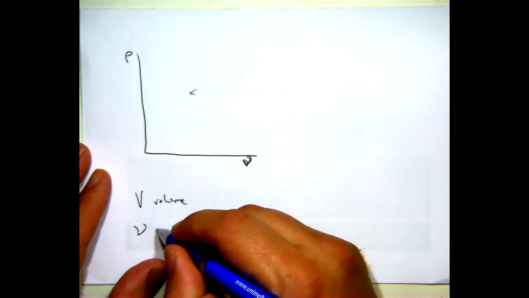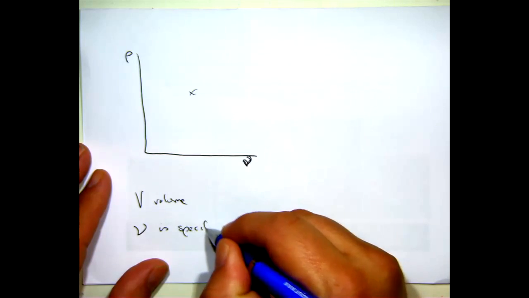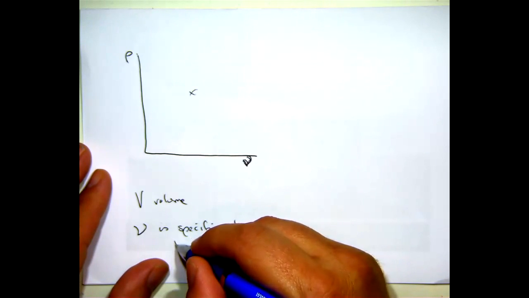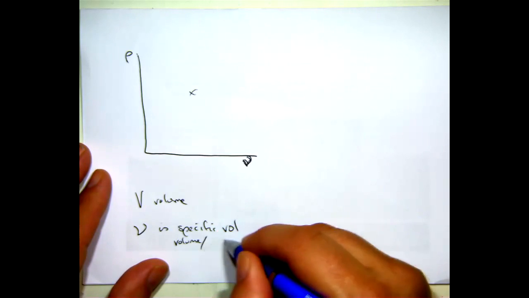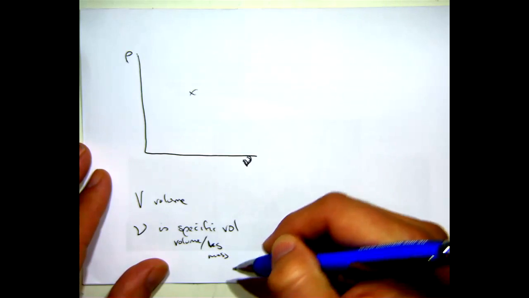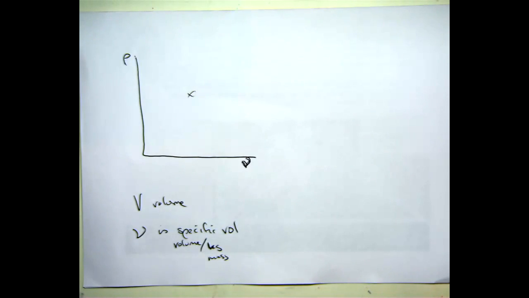Nu is what we use for specific volume, which is volume per mass. I do that so that if I mark a point on that graph, I've given you 2 independent intensive variables, which means I have actually defined the state of my working fluid.